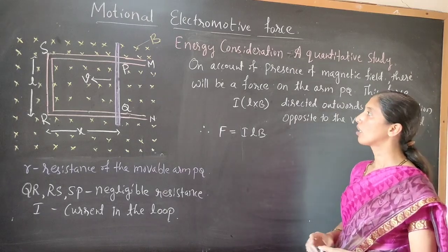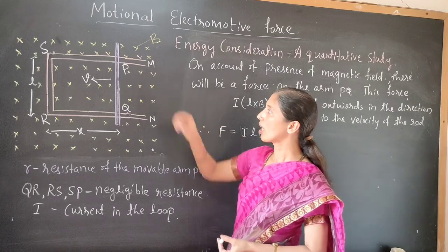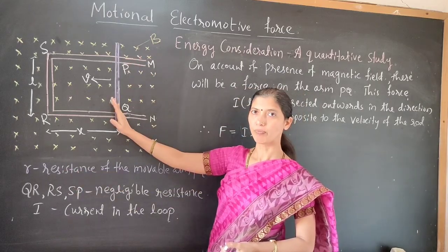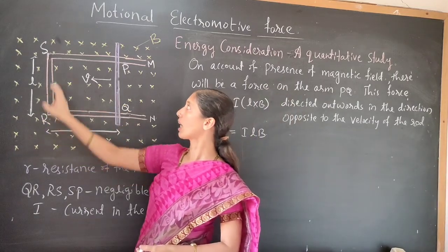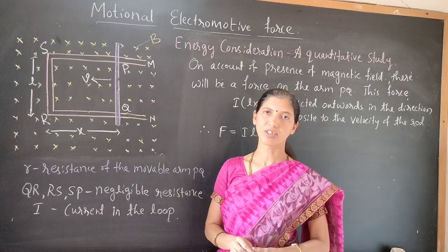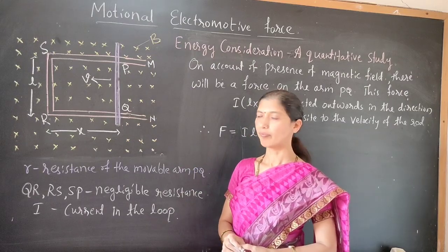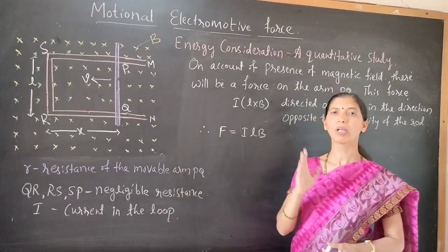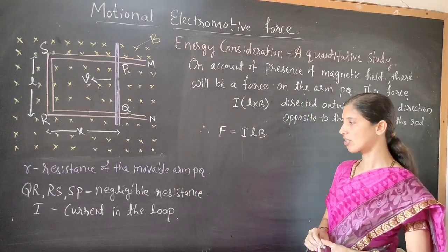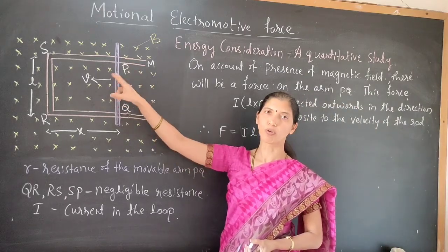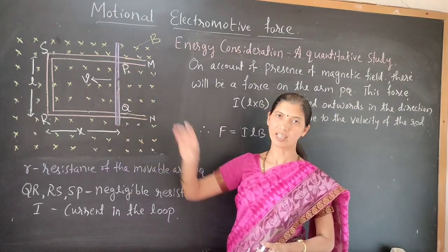Let r be the resistance of the movable arm PQ, whereas the arms RS, SP and RQ have negligible resistance. Only the movable arm PQ has resistance. Let I be the current in the closed loop PQRS.